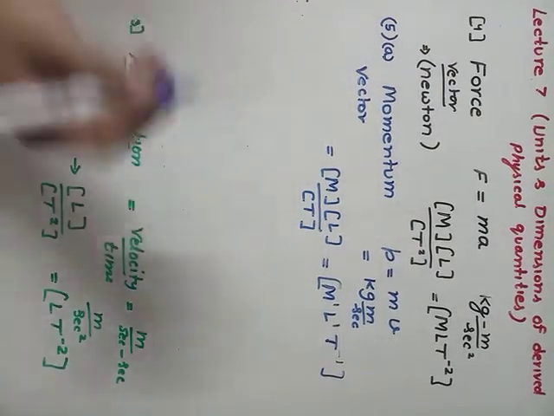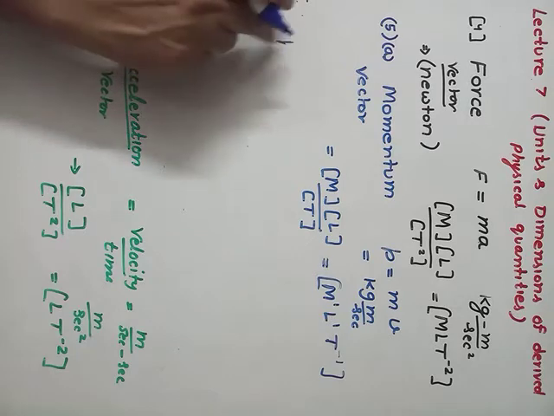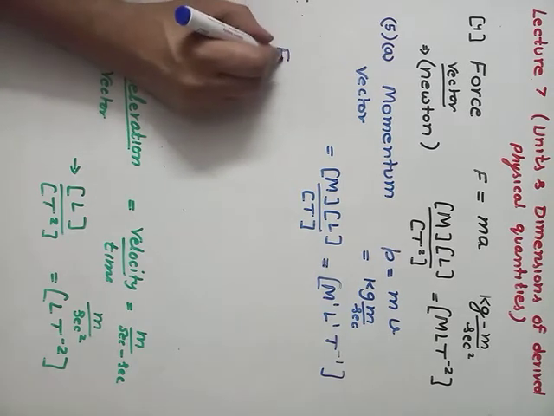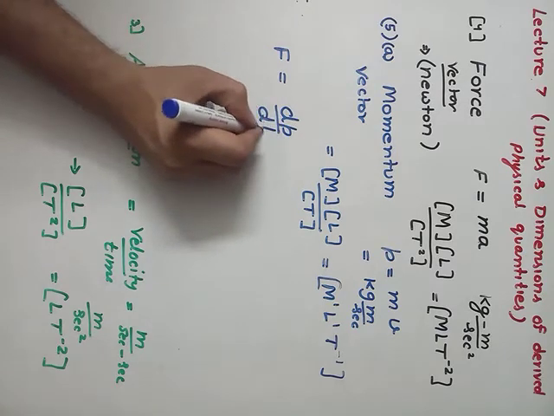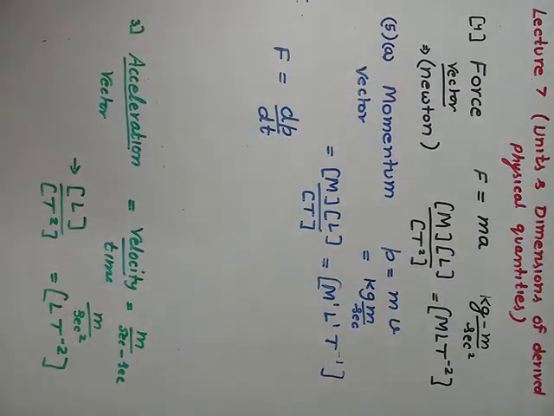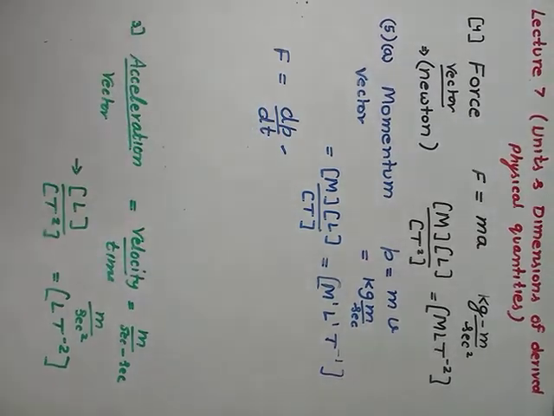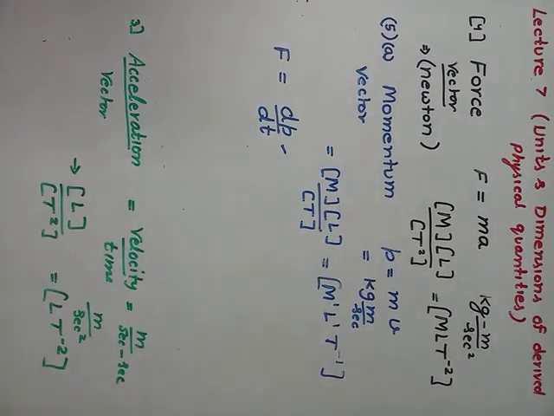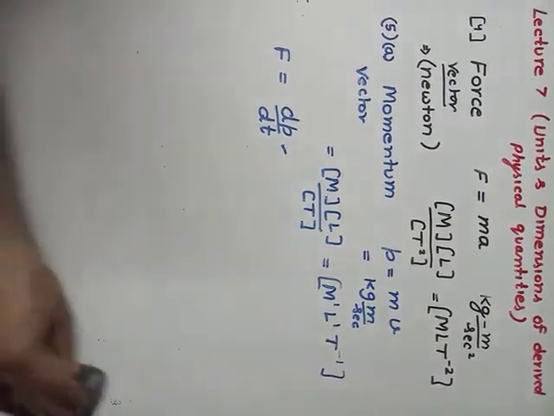If you know any other formula, you can approach this with that formula also. Force is defined as the rate of change of momentum, dp by dt, and you can proceed from this formula also. But from this formula we will get another physical quantity called impulse.